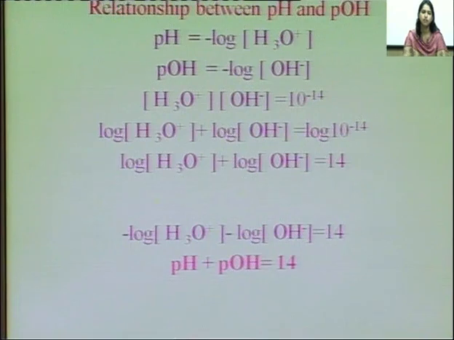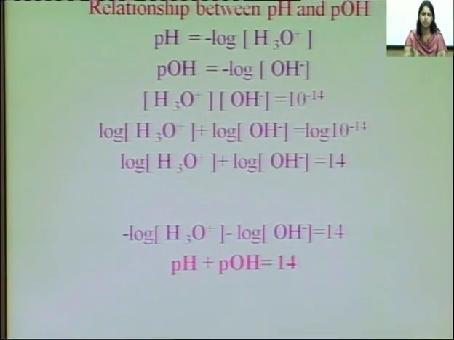Then we get the relationship between pH and pOH. On the left hand side, we take the negative log of hydronium ion, because that is equal to pH. So, we change the signs: negative log of hydronium ion plus negative log of OH negative ion is equal to 14.